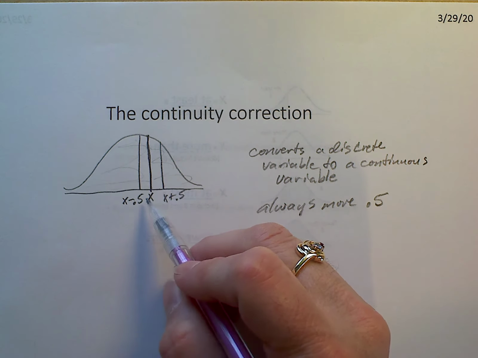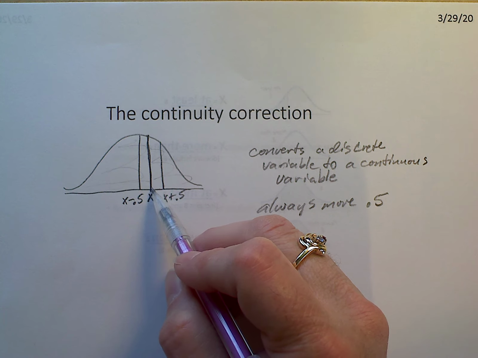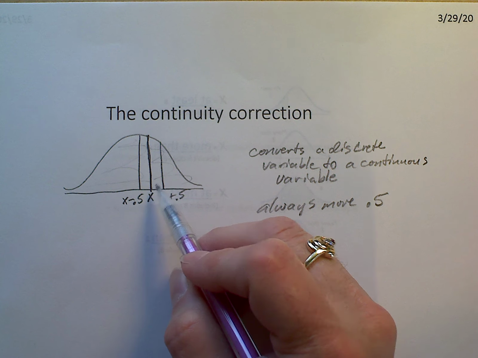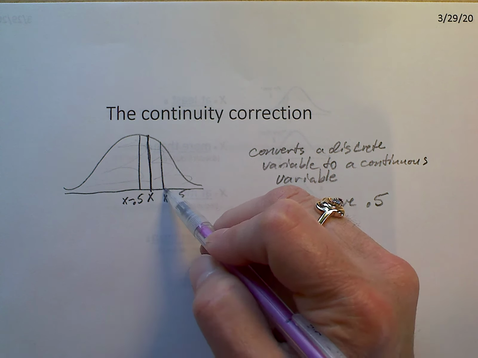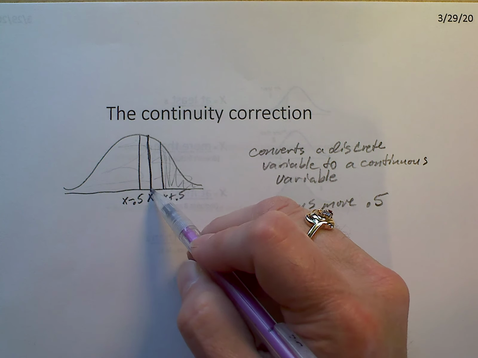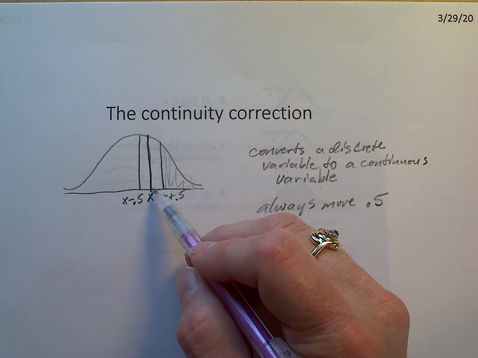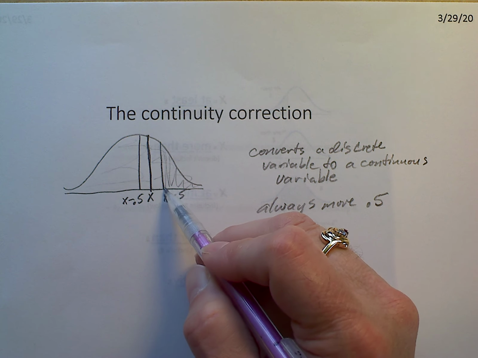So what happens is, if I want to include the x, and I want to say everything greater than x, then what I'm going to do is shift over by 0.5 and just use all of this up here. Because if I want the probability that it's greater than x, then I want to not include the x.